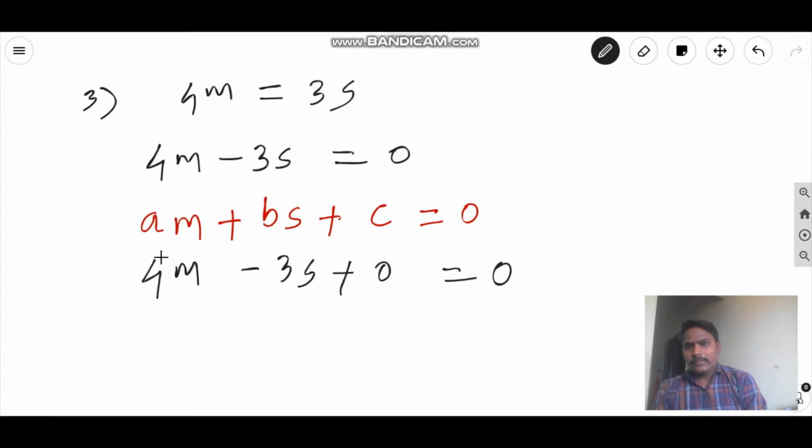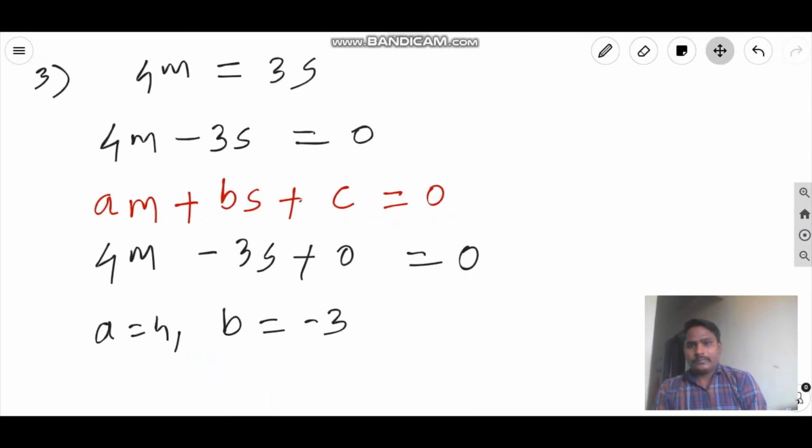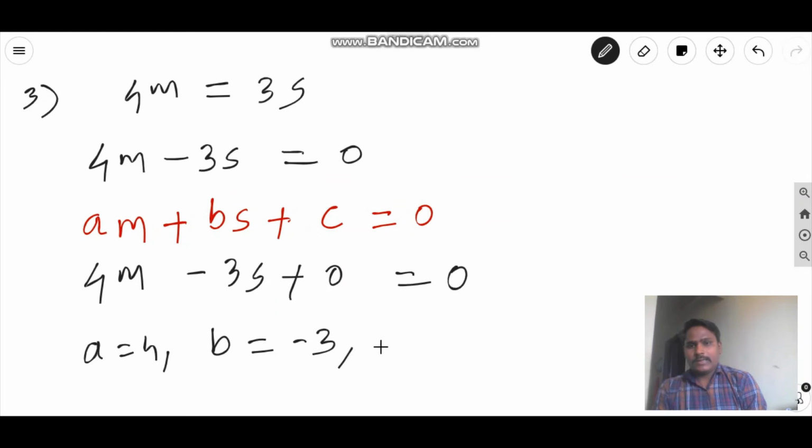What are the values of a, b and c? So a is equal to 4, b is equal to minus 3, and c is equal to 0. All these are real numbers, so the first condition is satisfied. The second condition is that a and b should not both be 0.